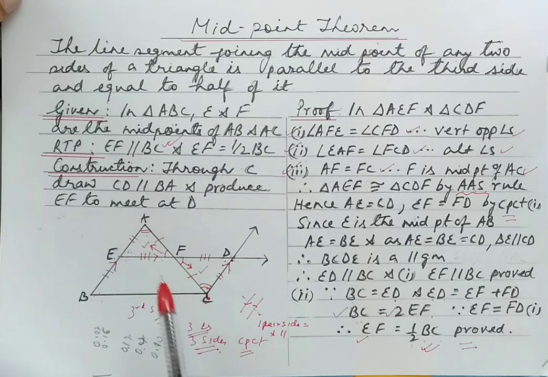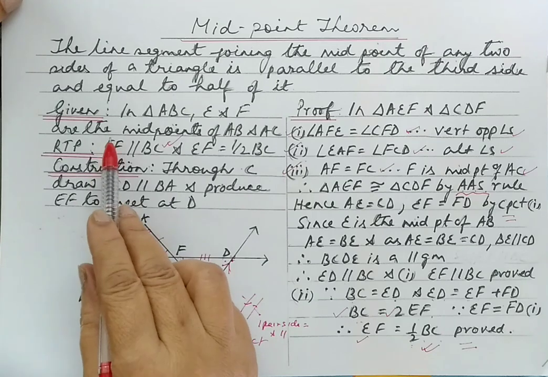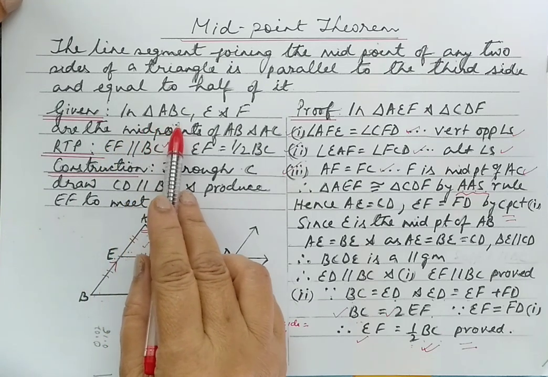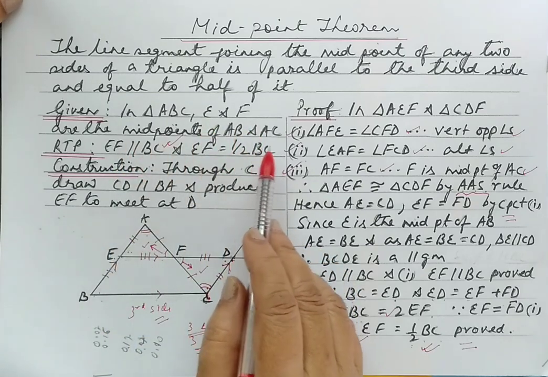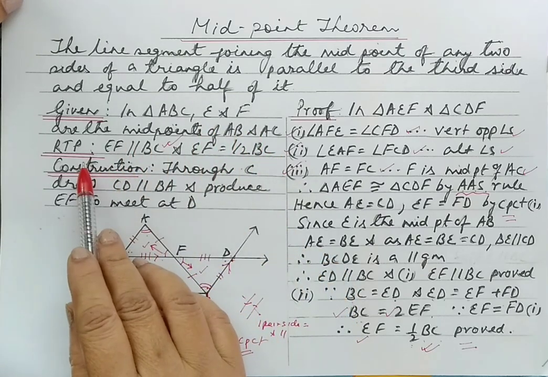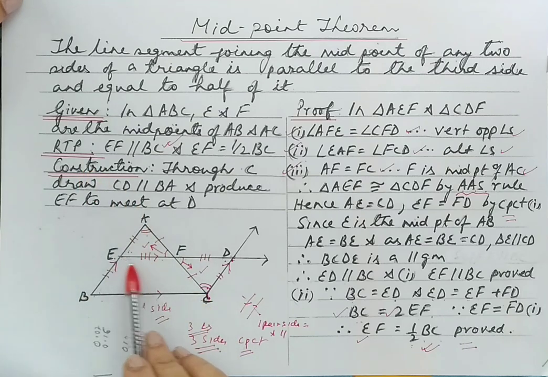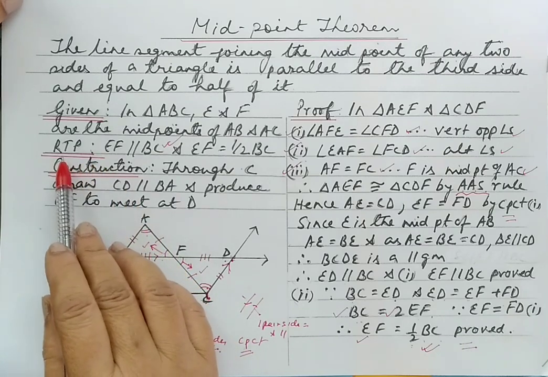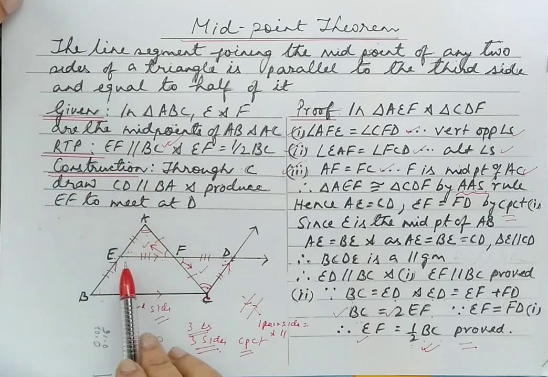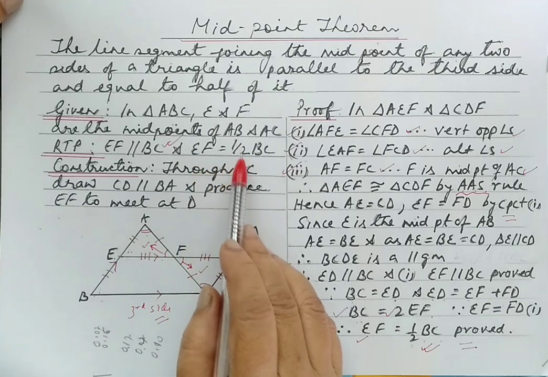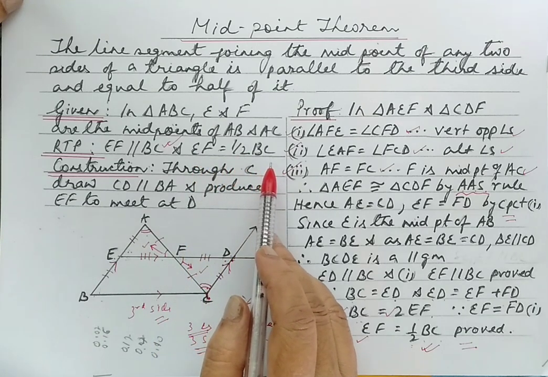Given: triangle ABC, E and F are the midpoints of AB and AC. RTP, required to prove, is that EF is parallel to BC and EF is equal to half BC.